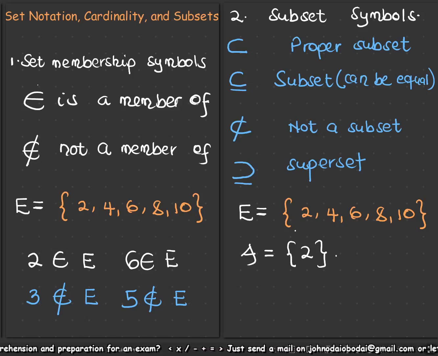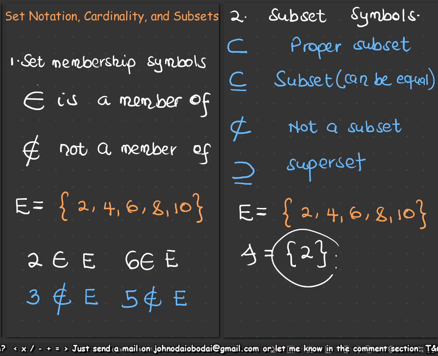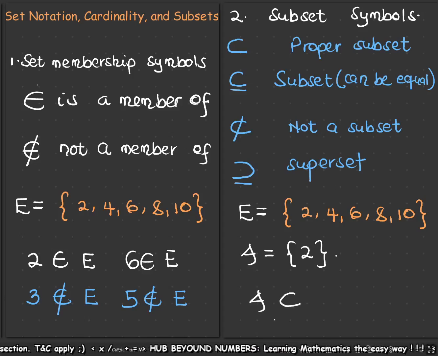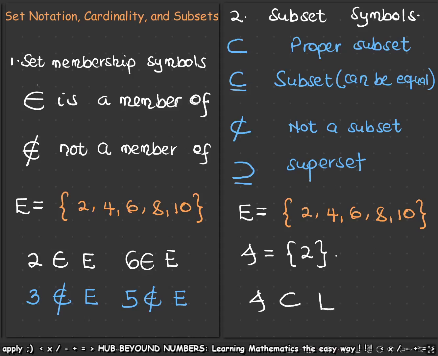With this, you realize that we can find set A inside set E. The whole of it is inside set E. We say set A is a proper subset of set E, and we write it as A is a subset of set E. You can also read it as A is contained in E, because A is literally contained in E.